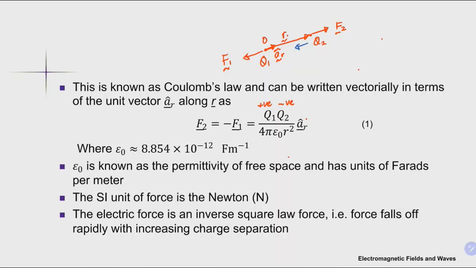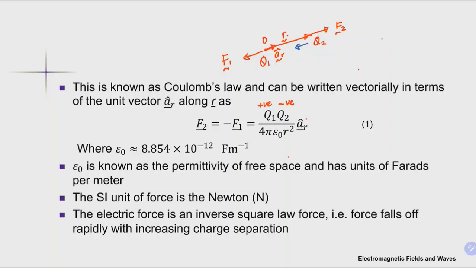Okay, so electric force, or electrostatic force, is an inverse square law force, which means that the force is inversely proportional to the square of the distance. This is called an inverse square law force. And the other inverse square law force, do you remember? You probably studied that in physics. It's gravitational force.